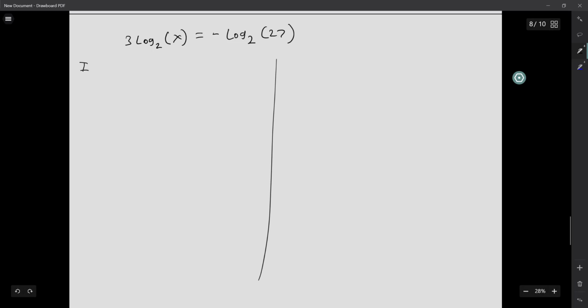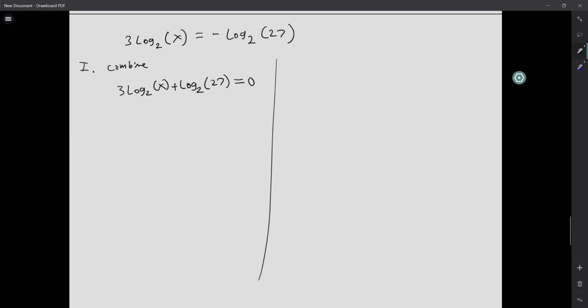So the first version will combine, but in order to combine, we're actually not allowed to have coefficients. So here I'm looking at 3 log base 2 of x plus log base 2 of 27 equals 0. I can't combine these because of the coefficient on this first log.